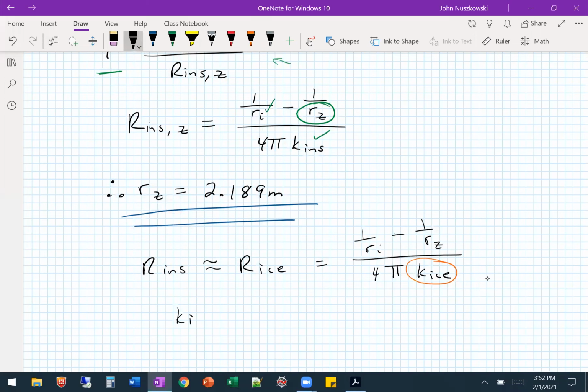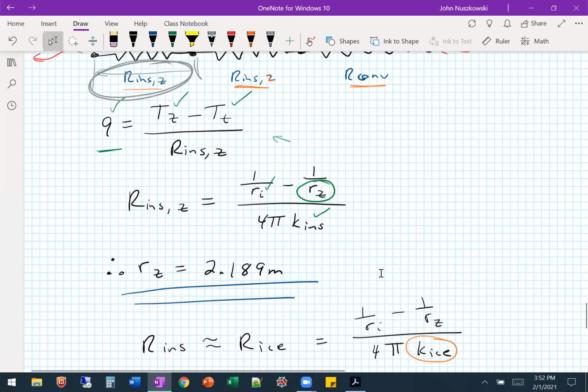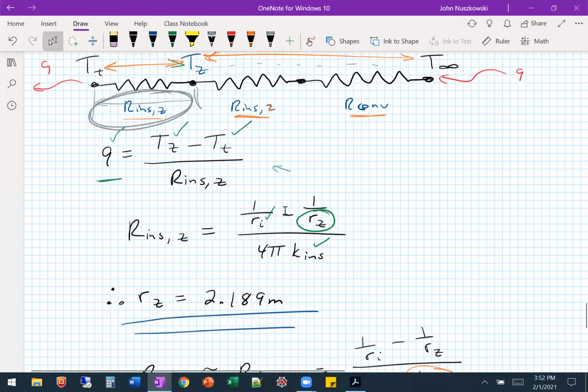k of ice, we can look in the back of our book in the tables for what the thermal conductivity of ice is, and it's about 2 times the thermal conductivity of this insulation. So that would basically double our heat gain.